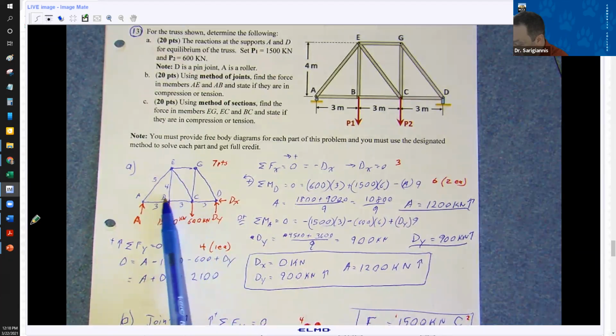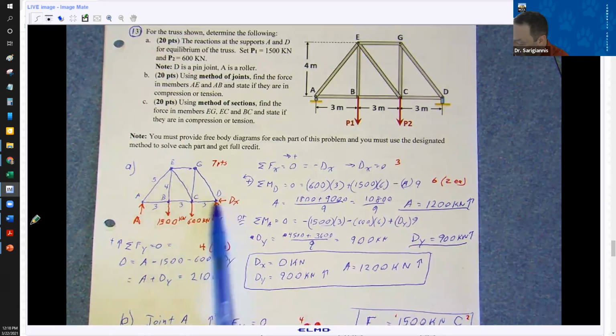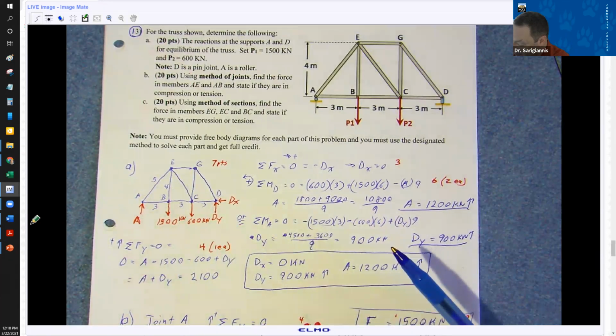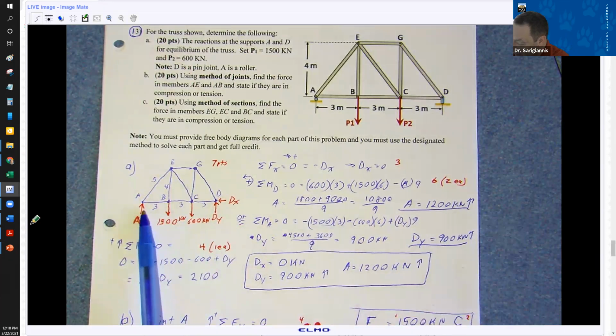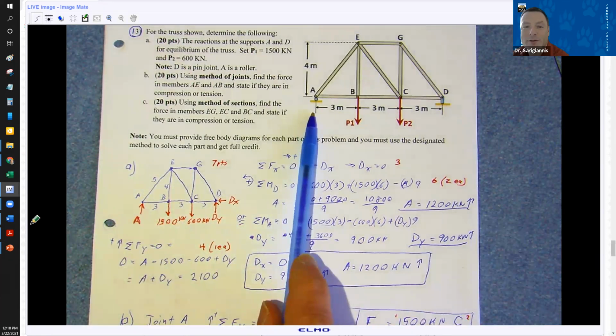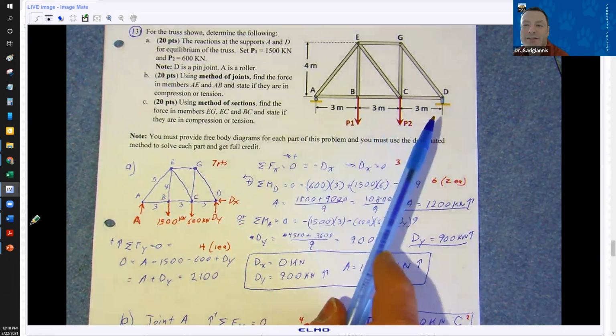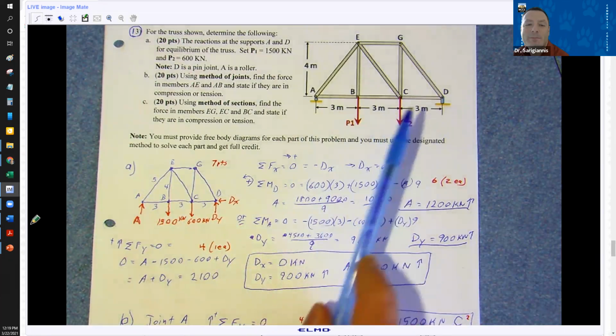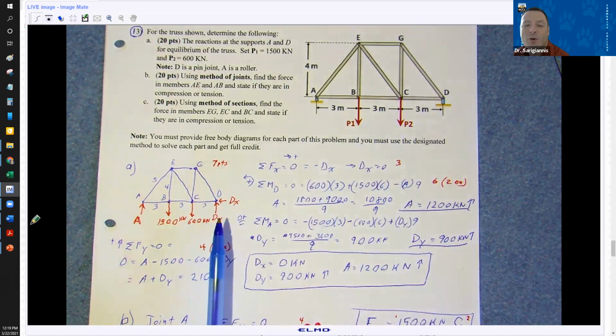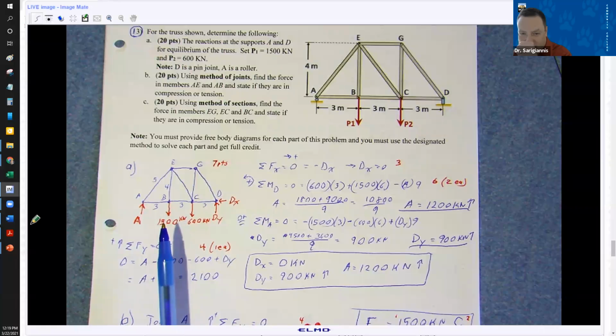I know these are 3, 4, 5 triangles. And I have my reaction forces. A is a roller and D is a pin. So D has 2 reaction forces, A has 1. Don't forget your loads, right? P1 and P2.